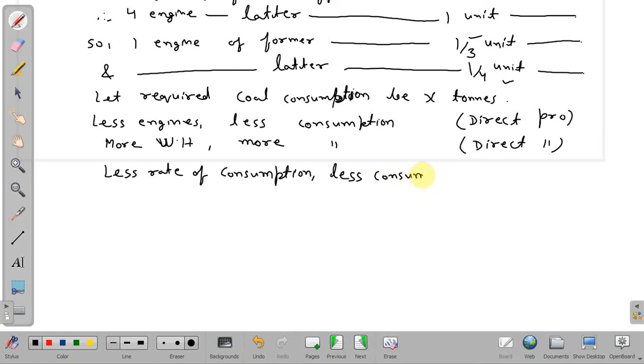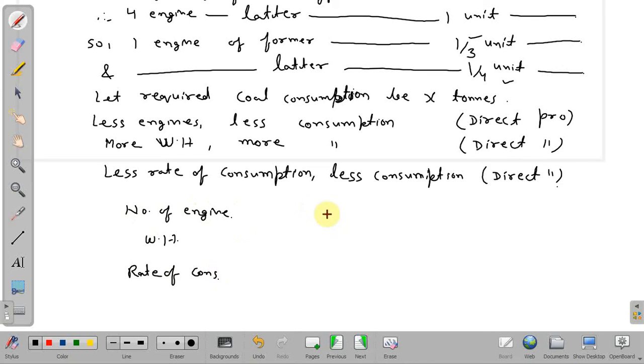It is also direct relation or direct proportion. Okay, now we will write in terms of proportion. So first one is number of engines, second one is working hours, third one is rate of consumption.